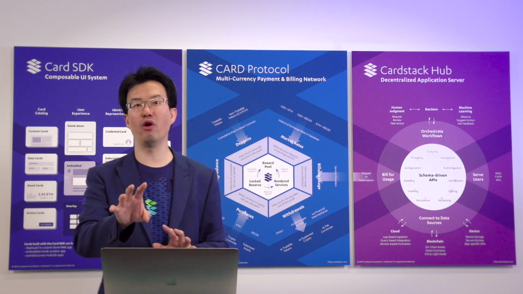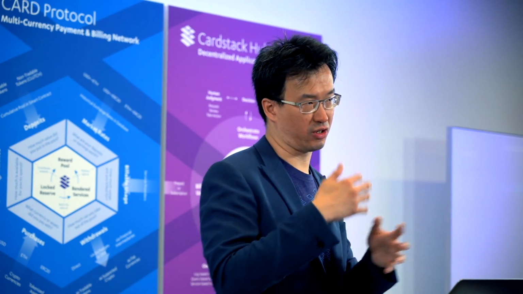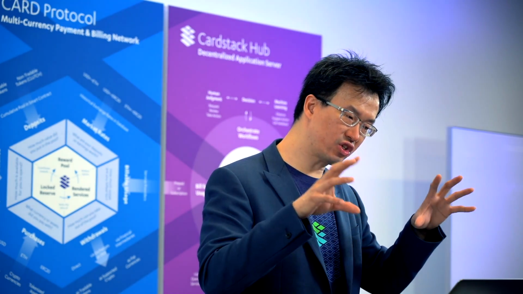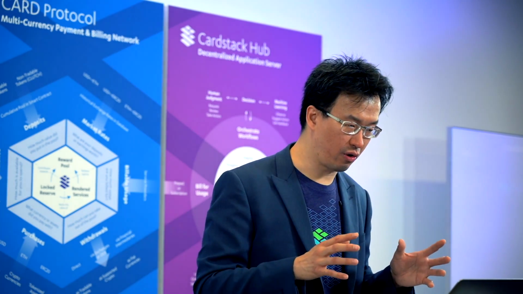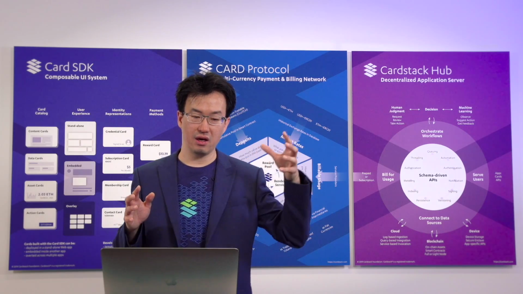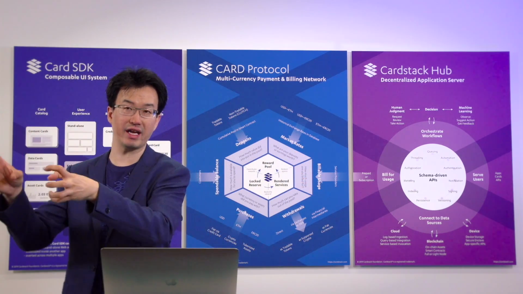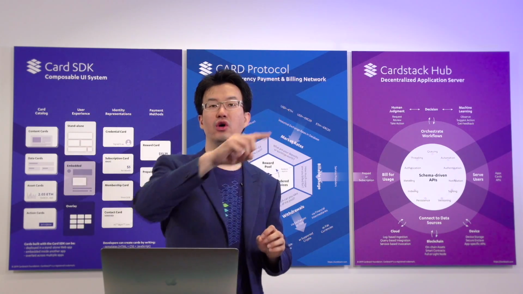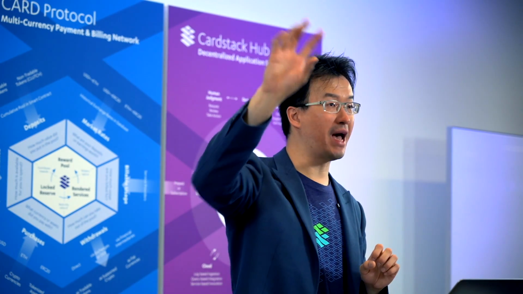We're going to get into more detail on what the card protocol is as a smart contract a little later, but let me give you the basic idea. The card protocol allows a user to choose any service provider running a hub and say, I pick you to help me store my image files. I pick you to help me manage my wallet.